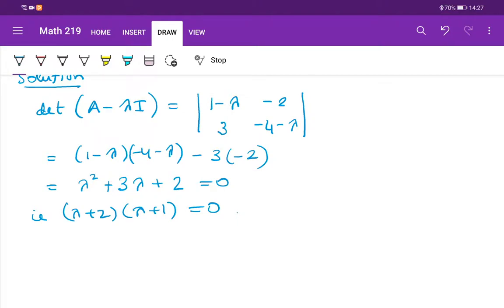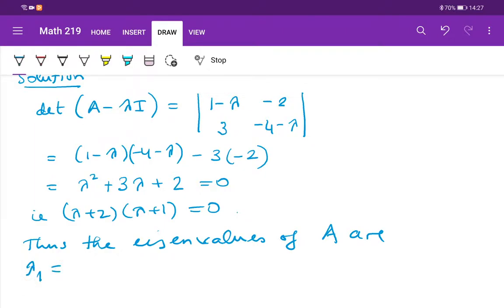In any case, there's always 2, and each root is an eigenvalue. So the eigenvalues of A are lambda 1 equals minus 2 and lambda 2 equals minus 1.